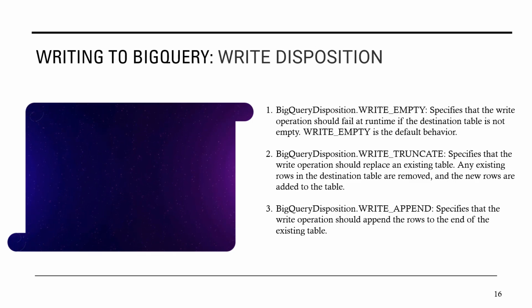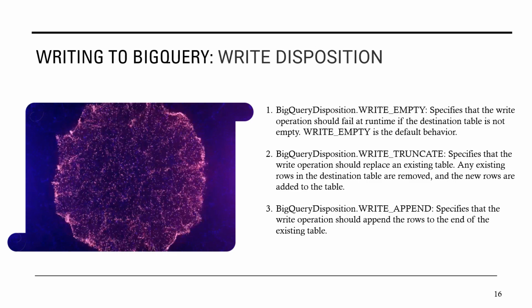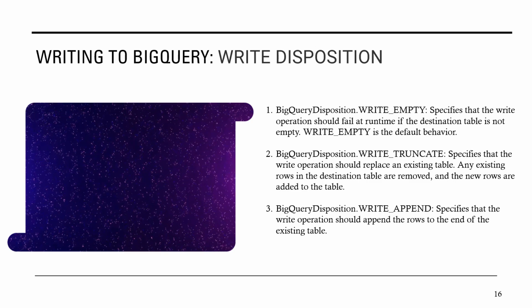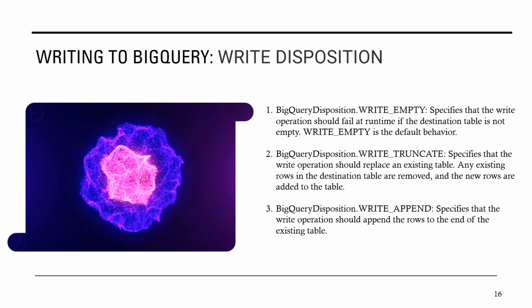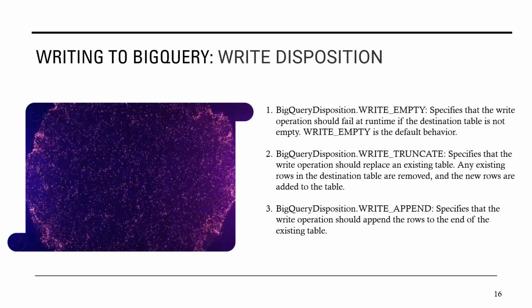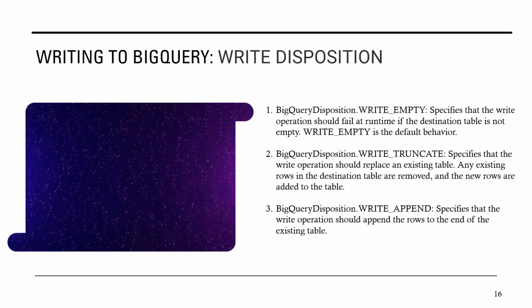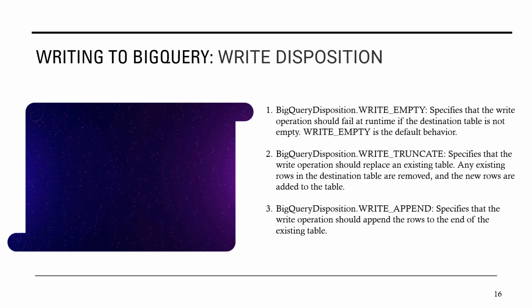BigQueryDisposition.WRITE_TRUNCATE specifies that the write operation should replace an existing table. Any existing rows in the destination table are removed, and the new rows are added to the table. BigQueryDisposition.WRITE_APPEND specifies the write operation should append the rows to the end of the existing table.